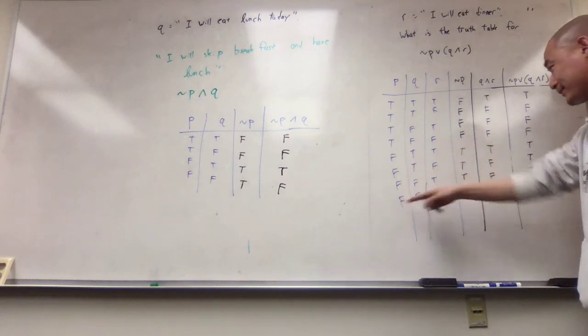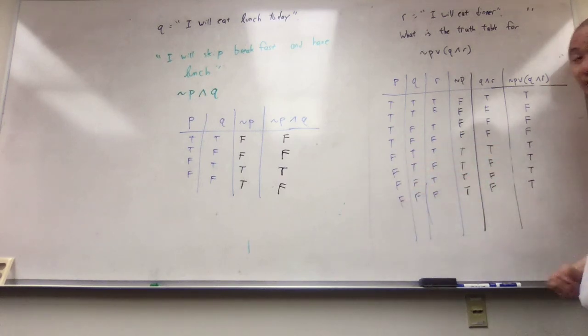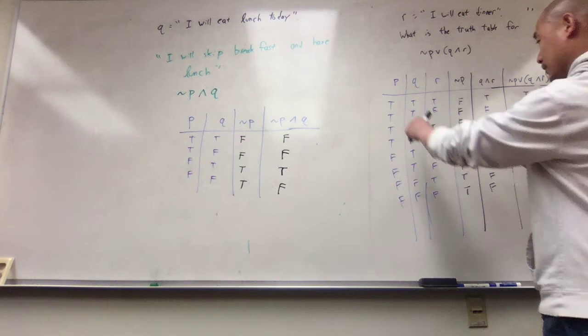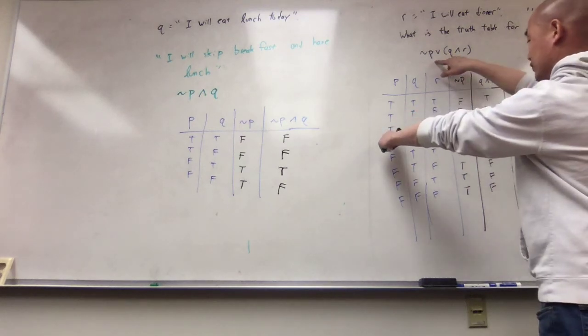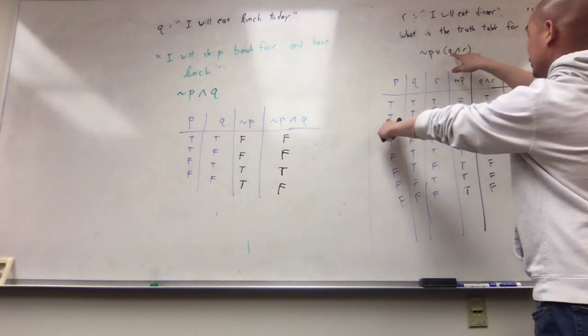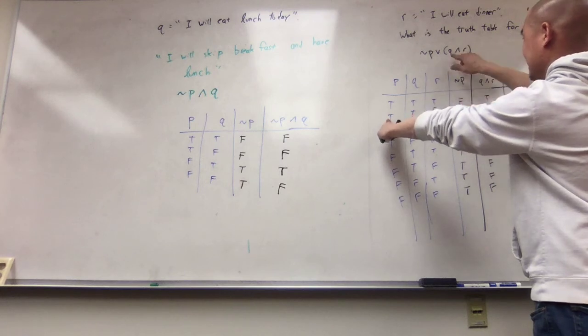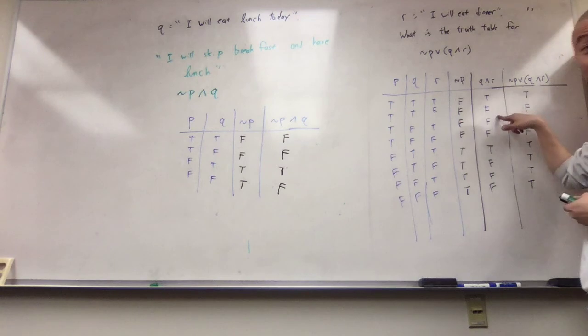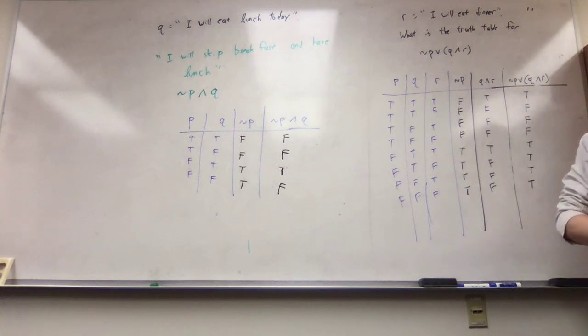And if you skip breakfast, that's also true, right? But let's say you eat breakfast and you eat lunch, but you don't have dinner. Well, you ate breakfast, so that's not true, right? You ate lunch, but you didn't have dinner, so that's not true either, right? These are both false. You didn't skip breakfast, you didn't have both lunch and dinner, so your statement ultimately was false.